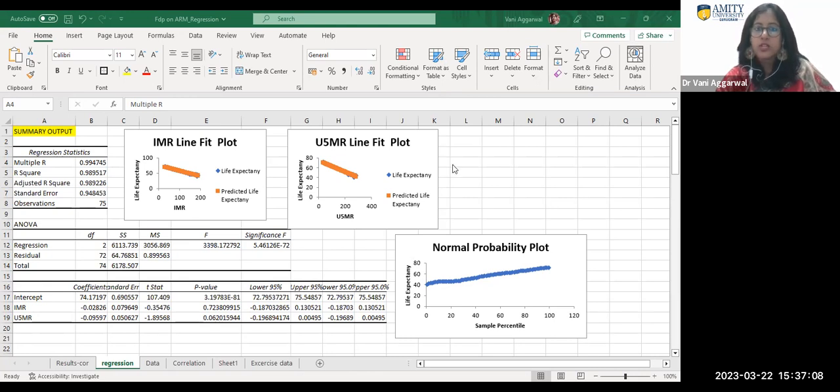Correlation between independent and dependent variables. There is only one dependent variable, and all independent variables and the dependent variable. Okay, right?